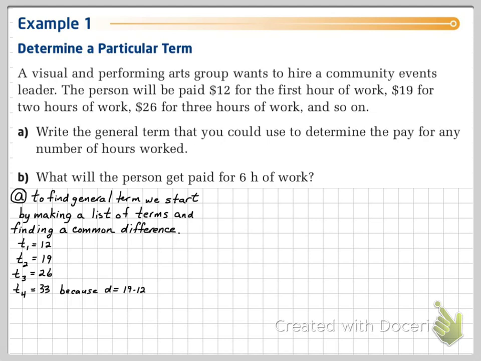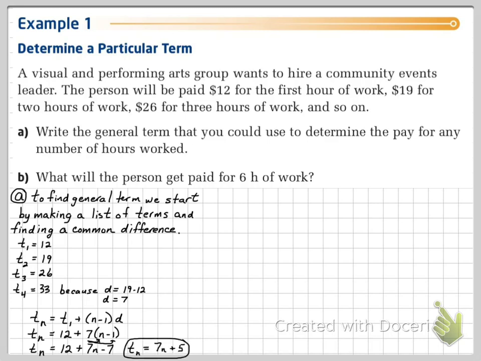Because the common difference is 19 minus 12, which is equal to 7, we can say that the general term Tn is term 1, which is 12, plus n minus 1 times the common difference of 7, and that's 12 plus 7n minus 7. Simplified, the general term is Tn equals 7n plus 5. That's going to be our general term for this sequence.